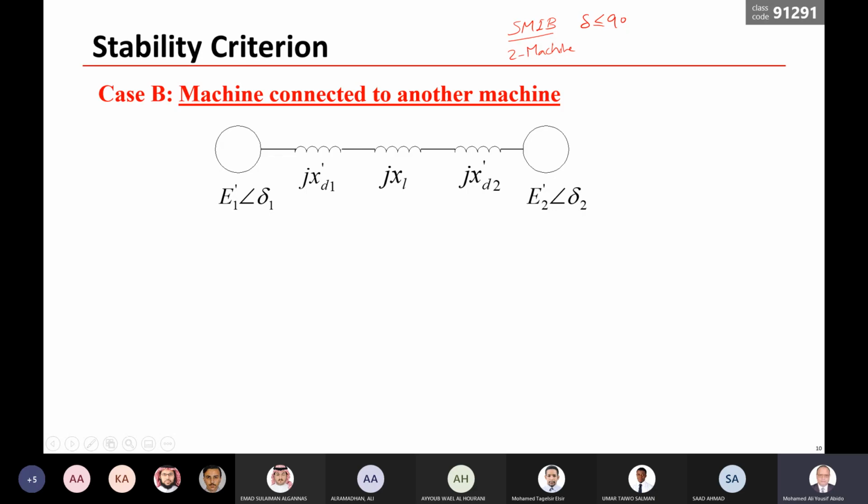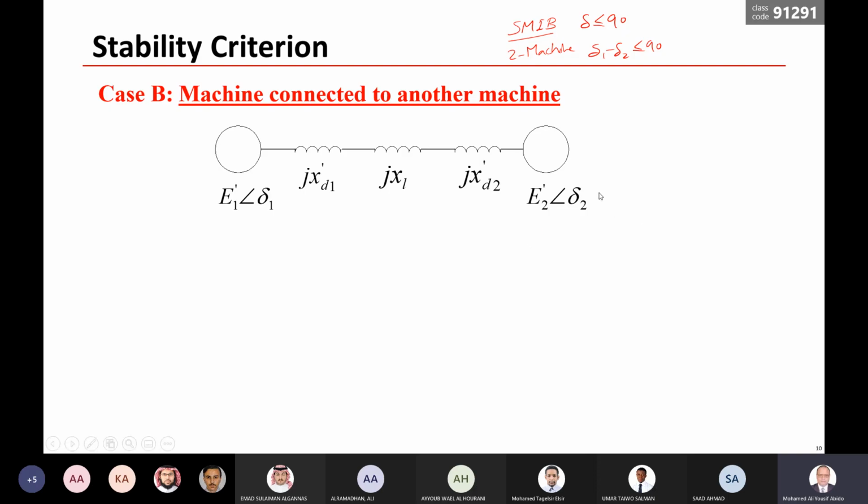Any suggestion, Ayub? I think, Doctor, the difference delta 2 minus delta 1 should be less than 90 degrees. Okay. The angle difference delta 1 minus delta 2 should be lower than or equal to 90 degrees.